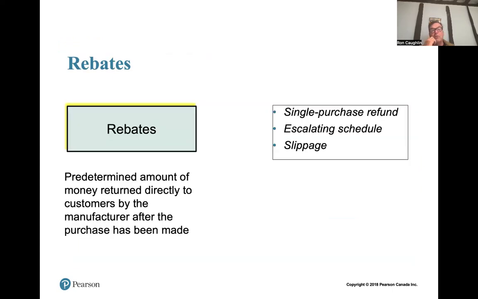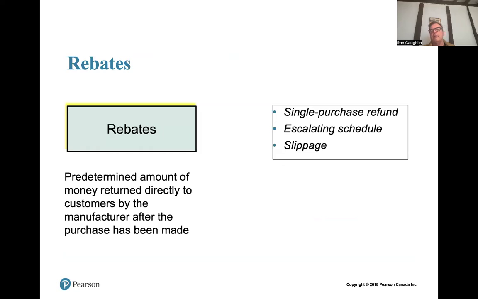Another type of promotion is rebates. These are basically predetermined amounts of money that are returned directly to a customer. So you buy the product, you send in the rebate through mail back to the provider or manufacturer that provided the product.